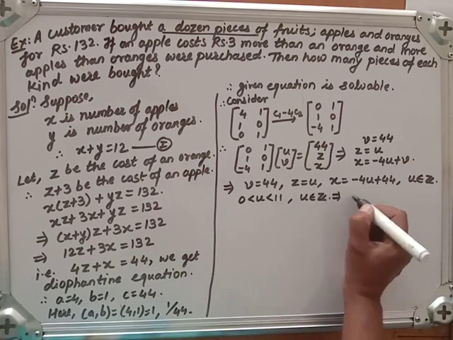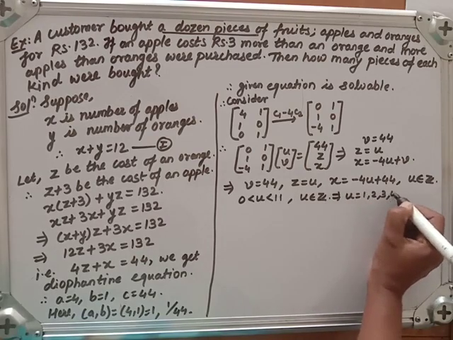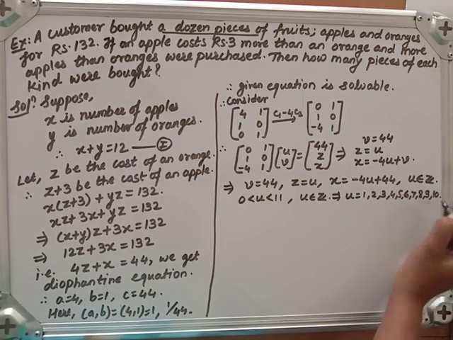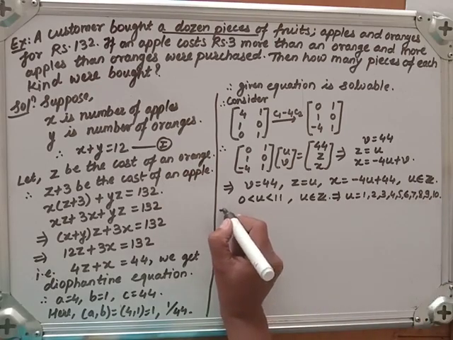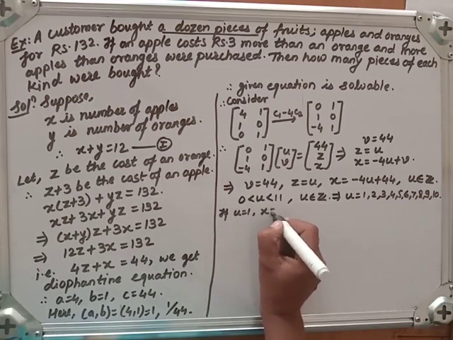This implies U equal to 1, 2, 3, 4, 5, 6, 7, 8, 9 and 10. So if U equal to 1, x is 40 and z is 1.